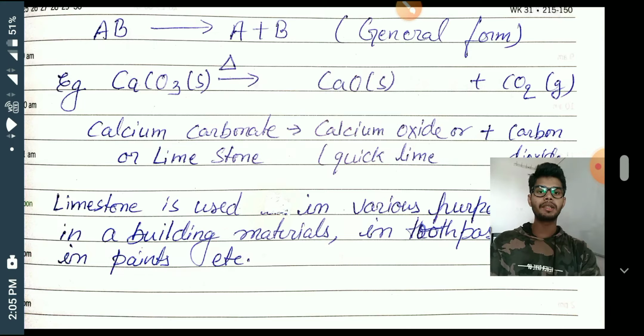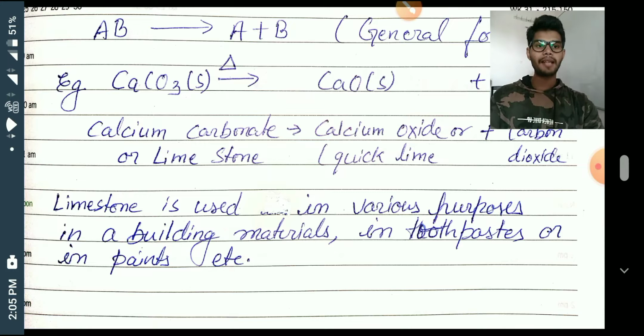Calcium carbonate, whose common name is limestone, when heated gives calcium oxide, quicklime, in the solid form, and carbon dioxide in the gas form. Here again the calcium carbonate breaks down into two components. Limestone is used for various purposes, in building materials, toothpaste, chalk, etc.